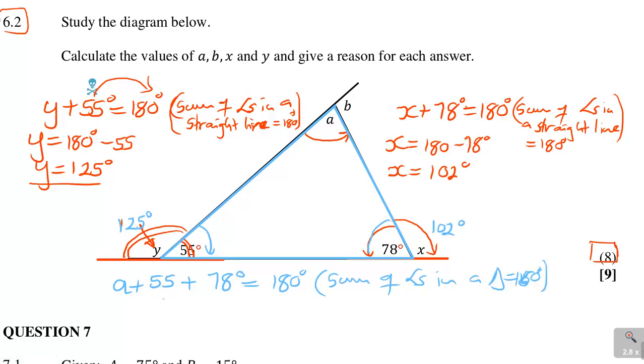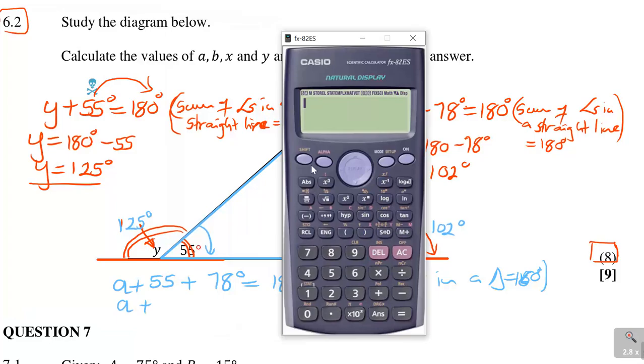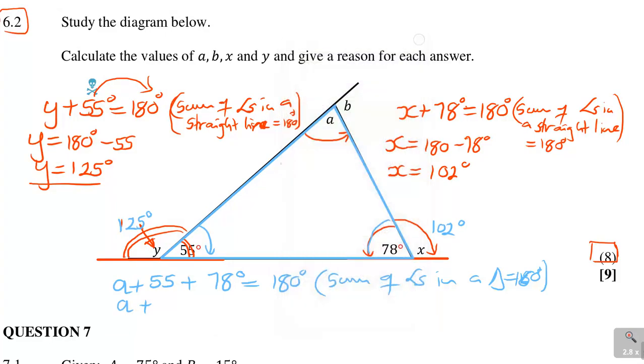Remember that. So now I've got a plus, if I add those, 55 plus 78, it gives me 133. So 133 is equal to 180. So A is equal to, take it to the other side, 180 minus 133.